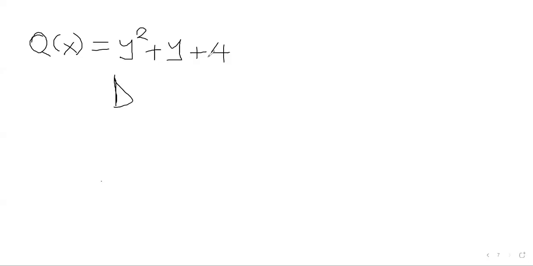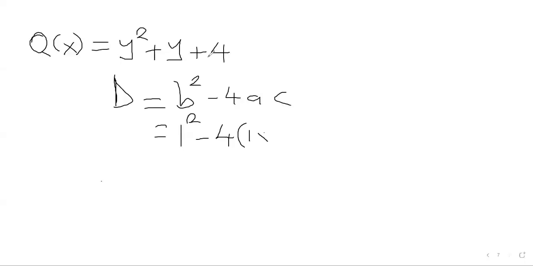The discriminant here is b squared minus 4ac. So our b here is 1, you square it, minus 4, our a is 1, and our c is 4. So we have 1 minus 16. So our answer here is negative 15.